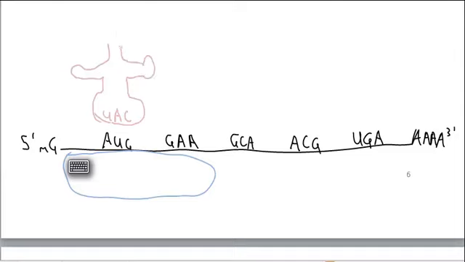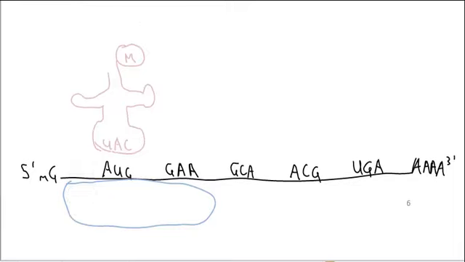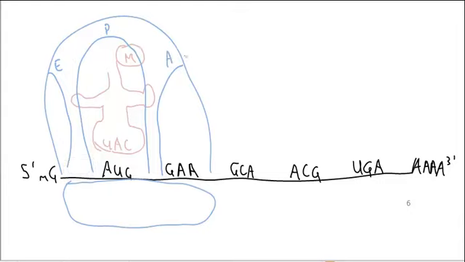I know these colors are really light and not that attractive, but that's so that when we show the change, we'll go to the darker color. And then our large ribosomal subunit came in, such that we had the 3 binding pockets. This was E, P, and A. And that's where we left off.